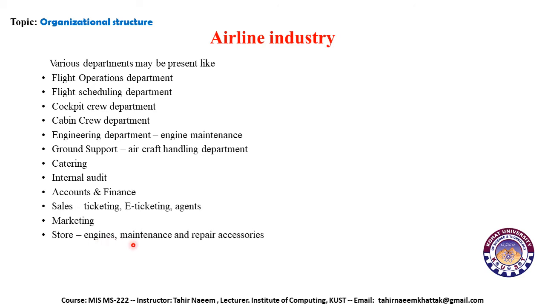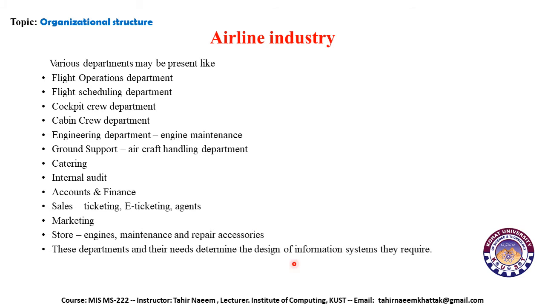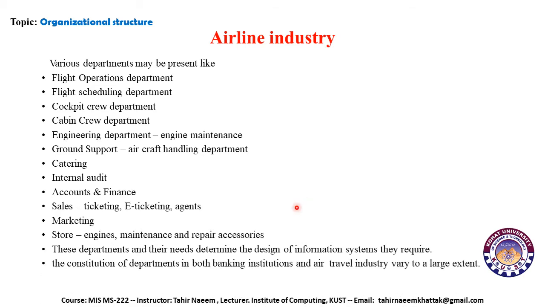Store: engines and other maintenance and repair accessories are stored. These departments have needs that determine the design of the information system they require. The constitution of departments in the financial institution and air travel industry varies to a large extent.